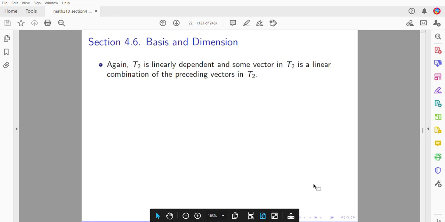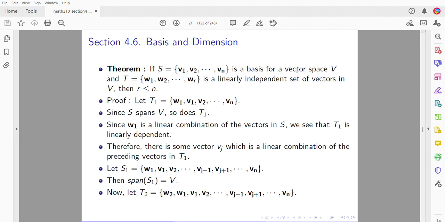So there is some other vector in T2 that is a linear combination of the preceding vectors. What does that mean? Somebody from here, it cannot be W1, because W1 and W2 are linearly independent. So W1 cannot be dependent on W2. But somebody from the rest of the V's will be dependent on the previous ones.